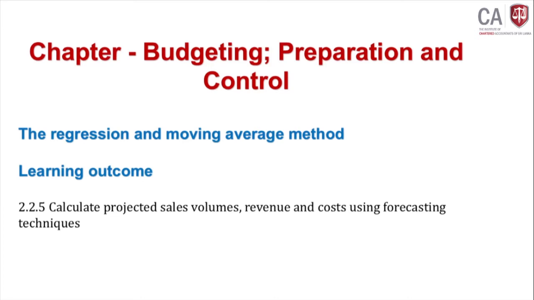From today's session, I am going to discuss with you again part of budgeting and preparation and control. What part I am going to discuss with you out of that chapter is the regression and moving average method. Why do we require it, for what purpose are we using this method?